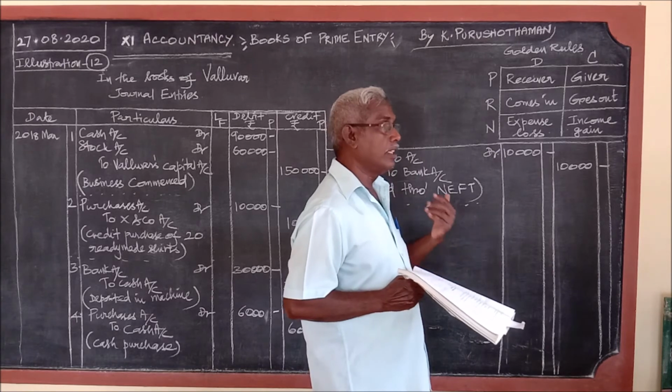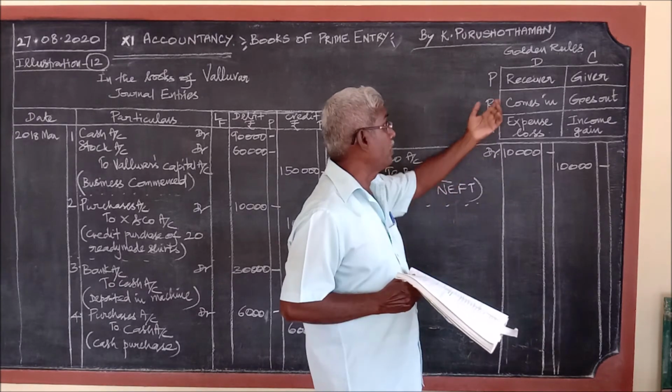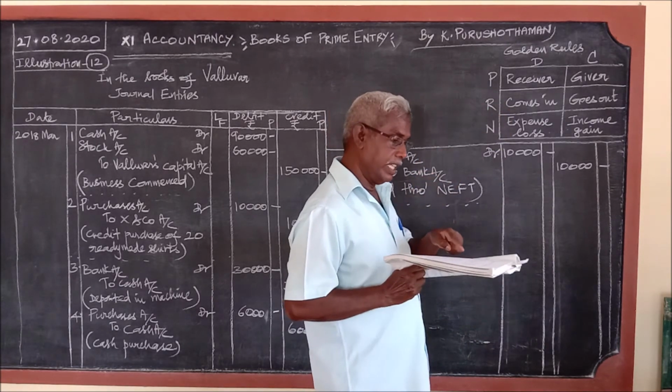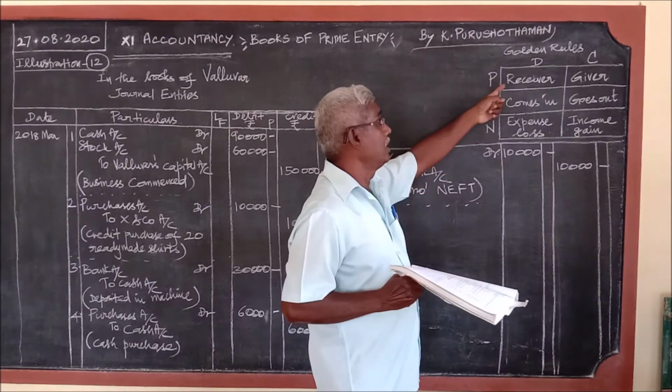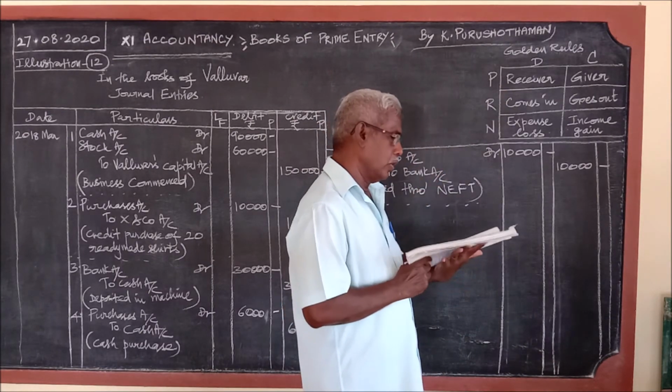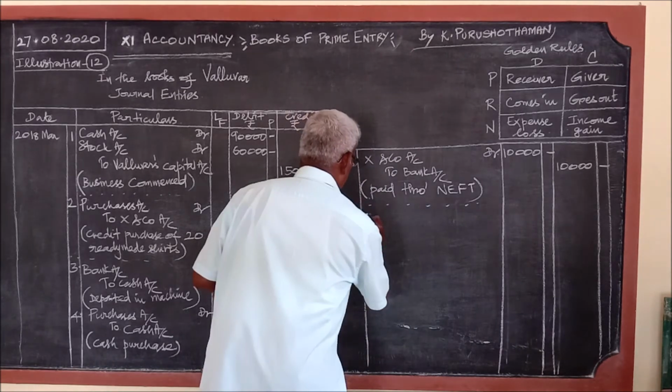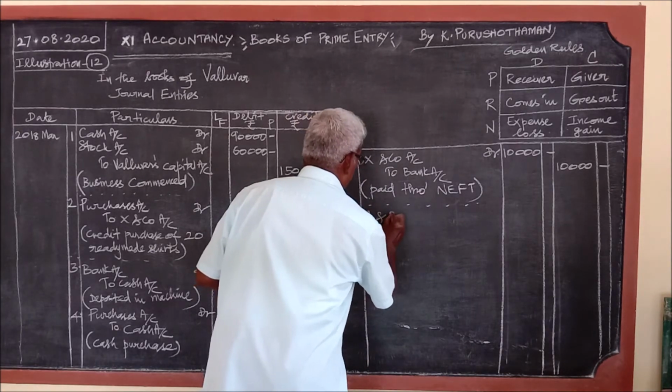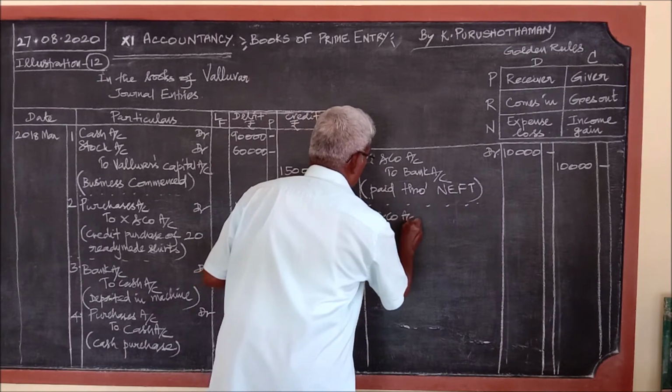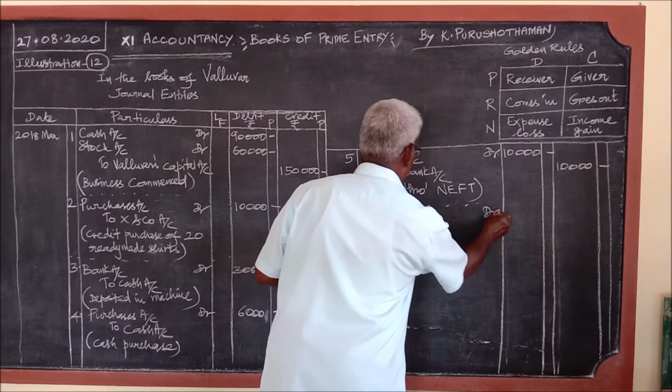When the sarees are sold for cash, cash will come in, but here it is on credit. Therefore, who is the receiver? A and Co is the receiver. So, A and Co account debit.